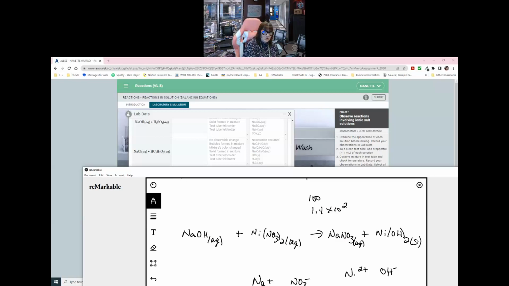So when we talk about the next one, you'd be looking at NaCl, and that's aqueous, plus HC2H3O2. And that's going to give me double displacement. Again, I'm going to end up with the Na, and it's Na plus, and then I have a C2H3O2 minus.